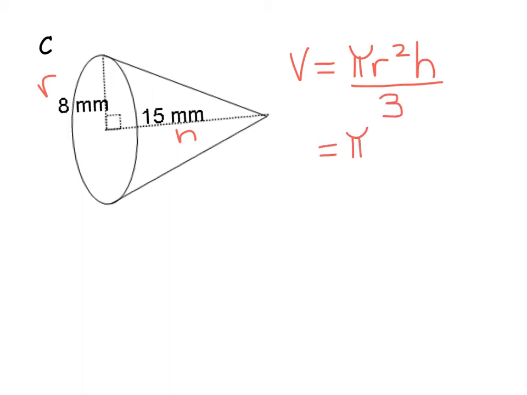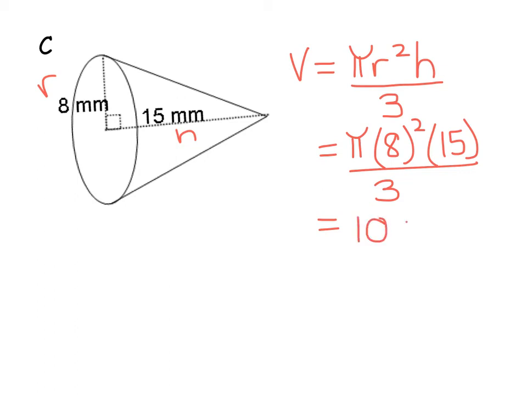So we have pi times the radius is 8 squared times the height, which is 15, divided by 3. So my pi times 8 squared times 15 divided by 3 is equal to 1005.3, and that is millimeters cubed.